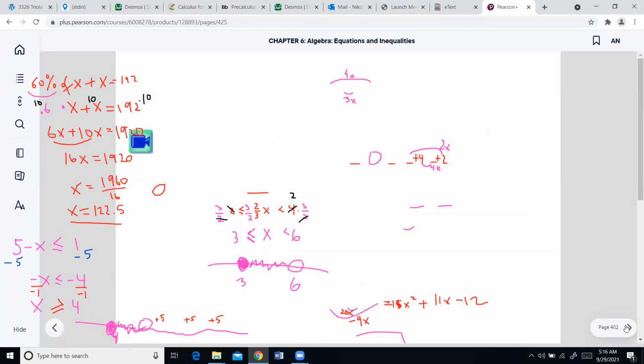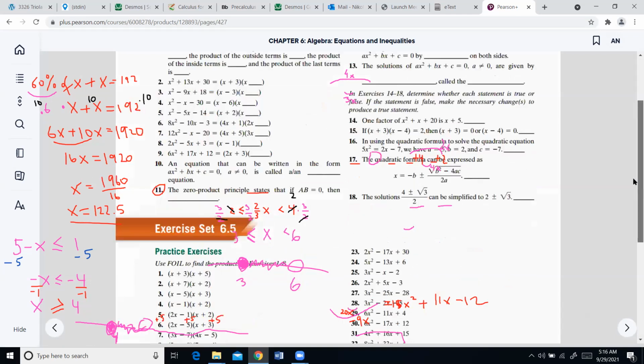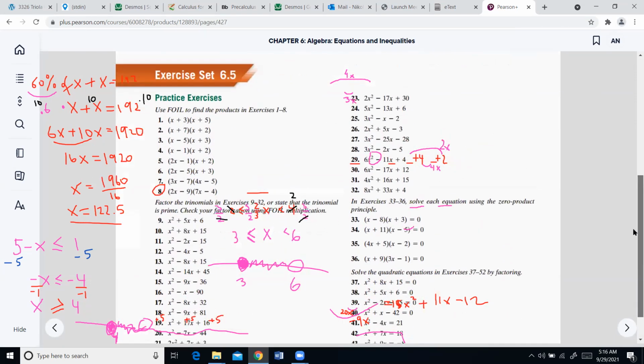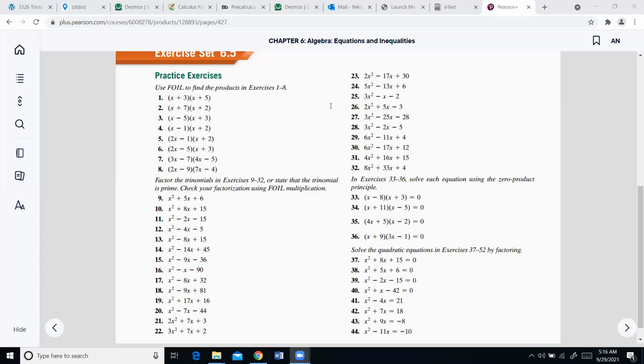So it looks like these exercises here at the section end, section 6.5. Here it is. Maybe start with exercise 9 that says factor this trinomial.